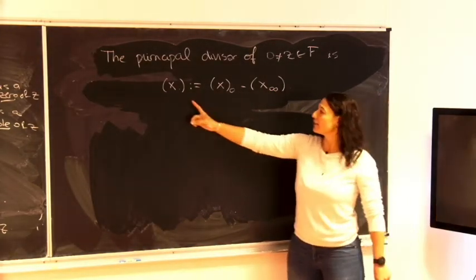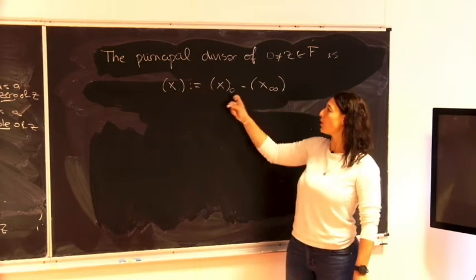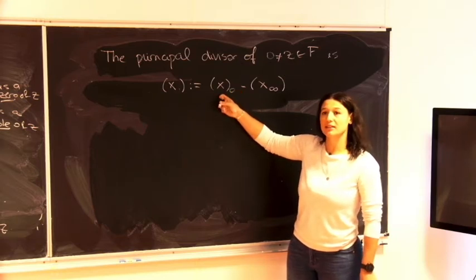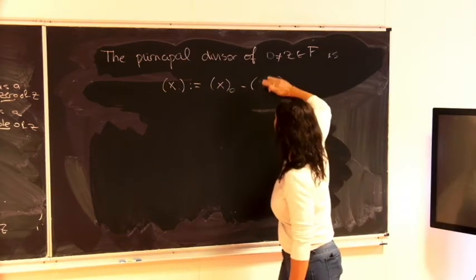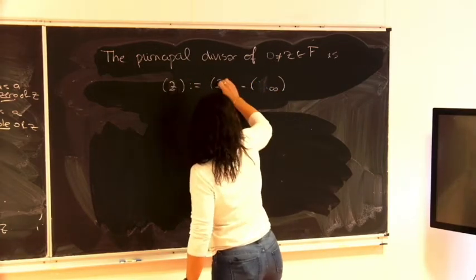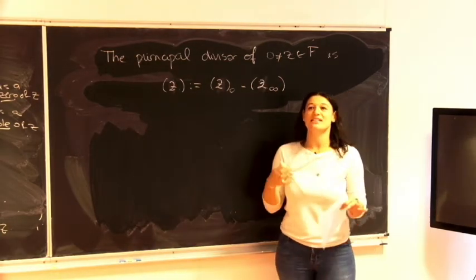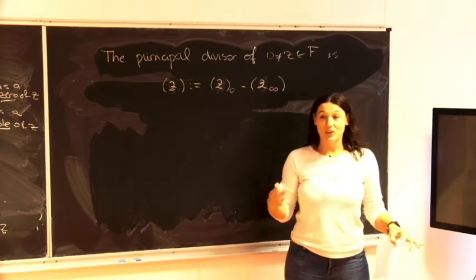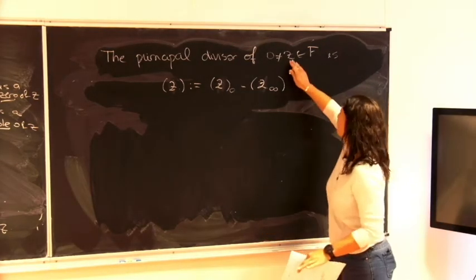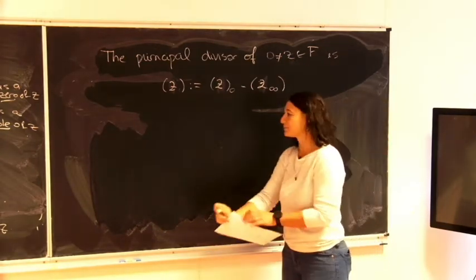So in this principal divisor, I'm taking into consideration all the zeros of the element. Oh, I put x again, I'm sorry. I'm not going to use x because I'm always using x as the transcendental element to define the rational function field. I want to emphasize that this z is any element of the function field, not that x.